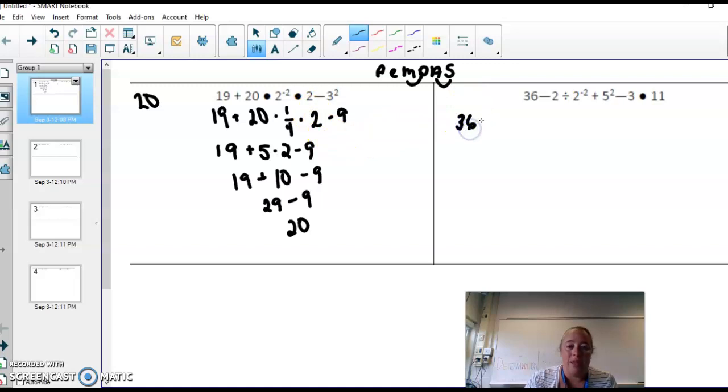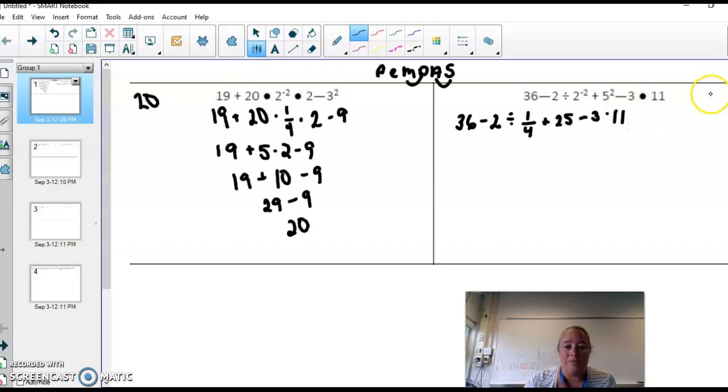36 minus 2. Okay, I'm at an exponent. Divided by 2 to the negative second is 1 over 2 squared, or 1/4. 5 squared is 25, minus 3 times 11.